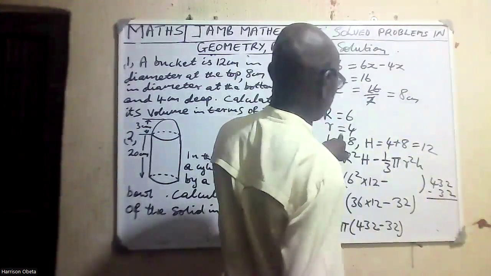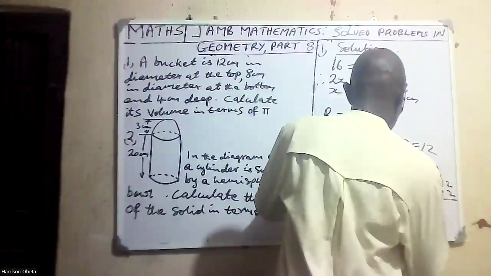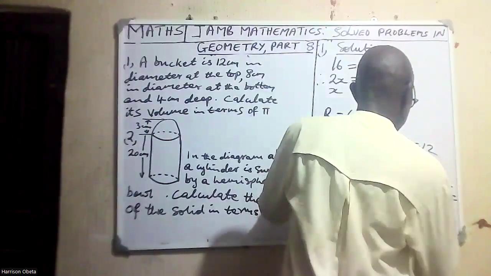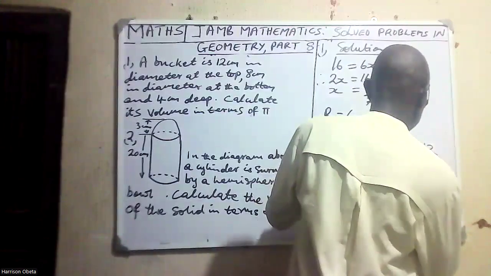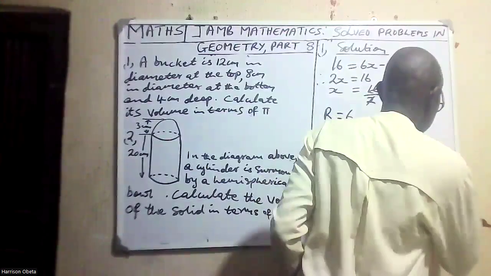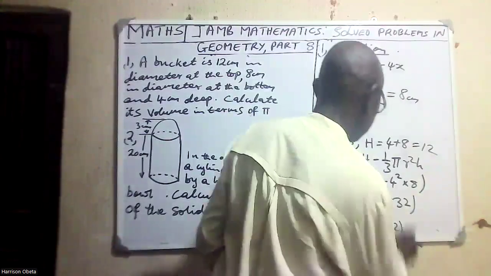Our r is 4, that's 4 squared multiplied by 8. That's a little mistake, I corrected it.